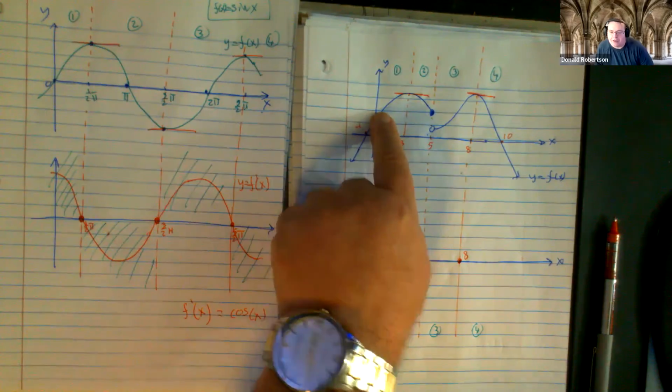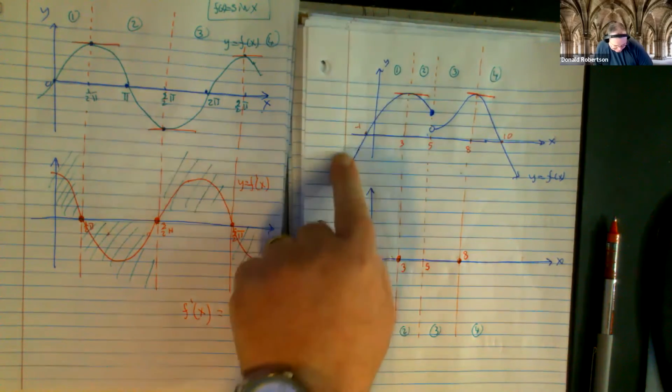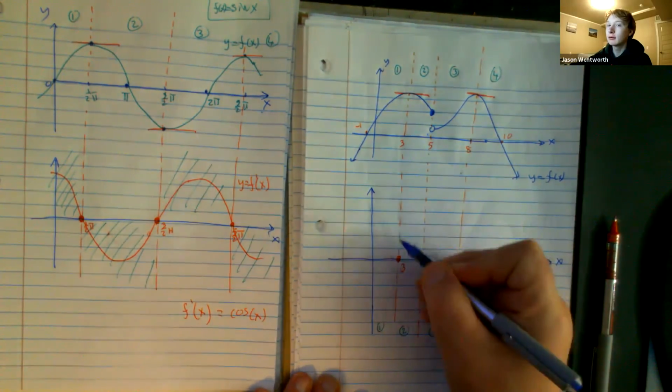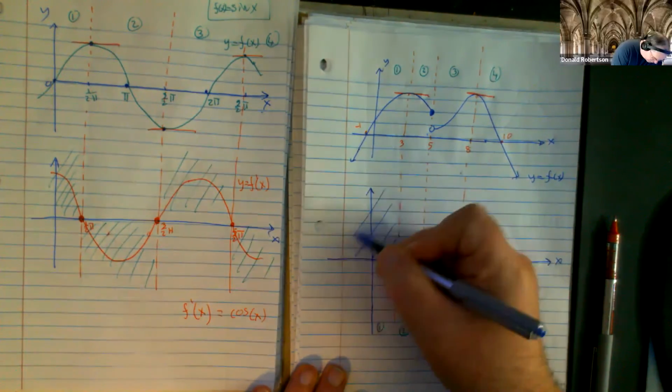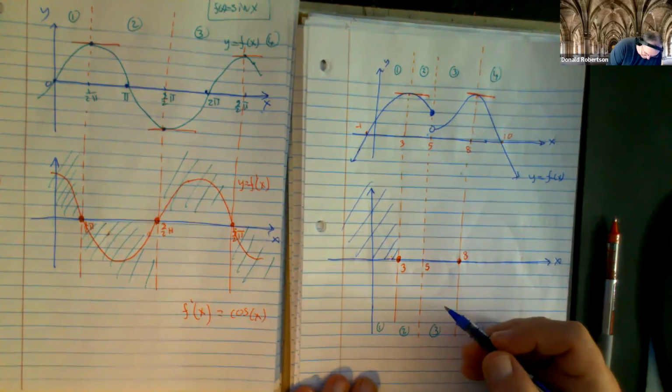In region 1, is the derivative positive or negative? Positive. Okay, so I'm going to shade here. Region 2, positive or negative?